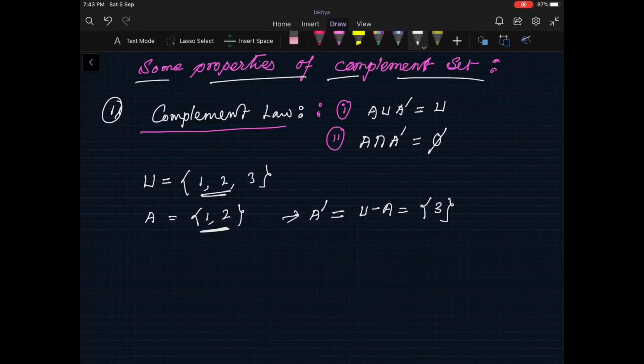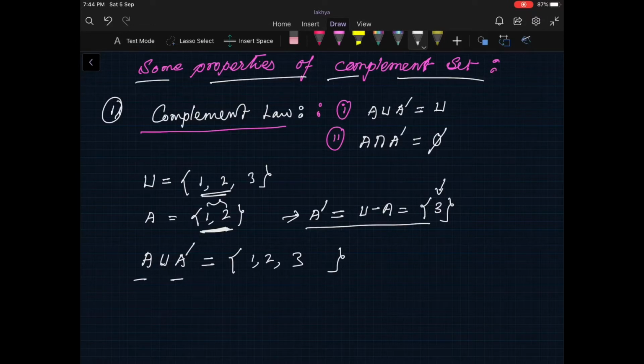Now if you find A union A complement, you have to write all the elements in set A and in complement of set A. In set A we have 1 and 2. In the set A complement we have 3. So this is equal to U.